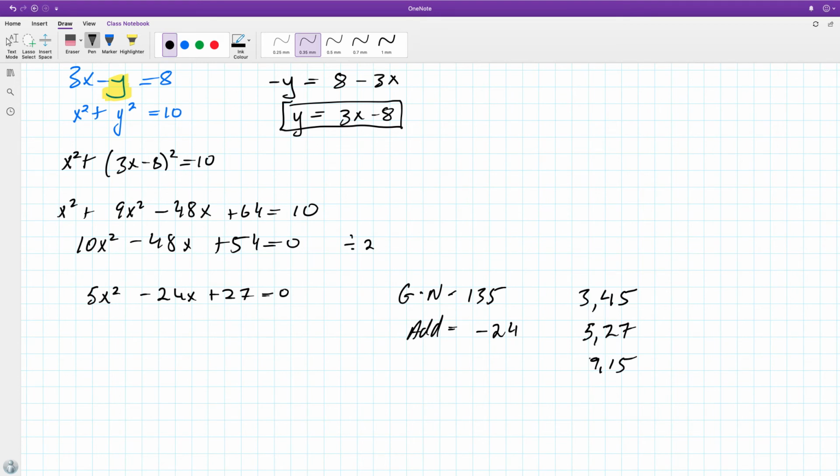That's going to work: 9 and 15. So 5x squared minus 9x minus 15x plus 27 is equal to 0.